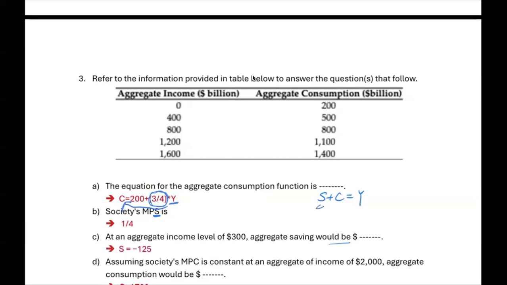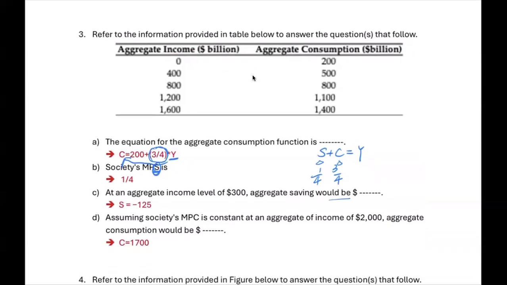Remember, there are only 2 proportions of your income, S and C. Now you use 3/4 for consumption, then the remaining 1/4 would be your saving. So the trick is that even though for question A you get the relationship between consumption and income, B is asking you the marginal propensity to save. So be very careful about this, okay?